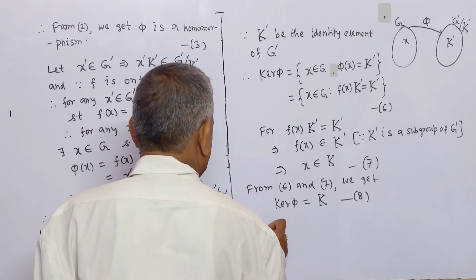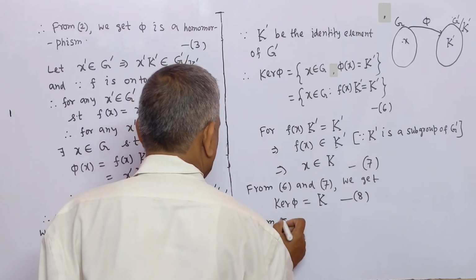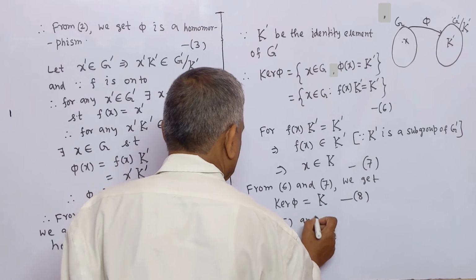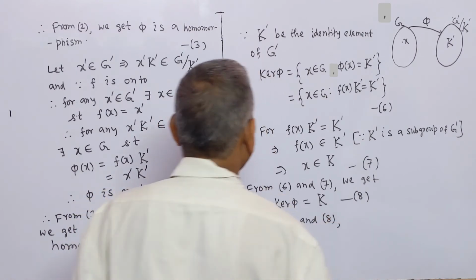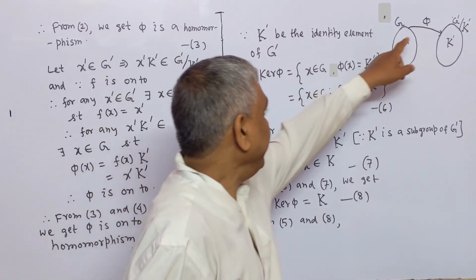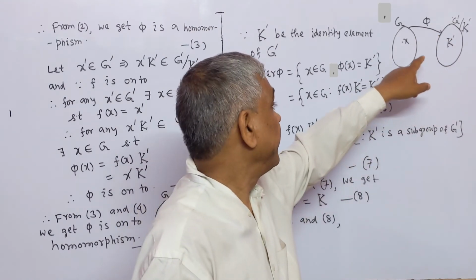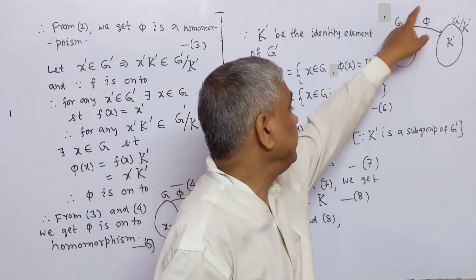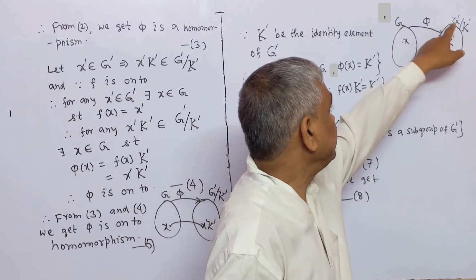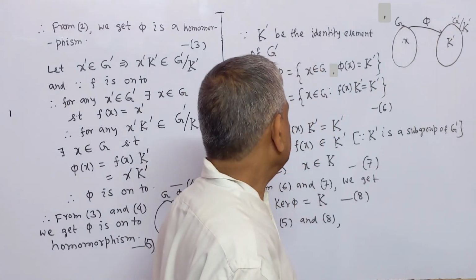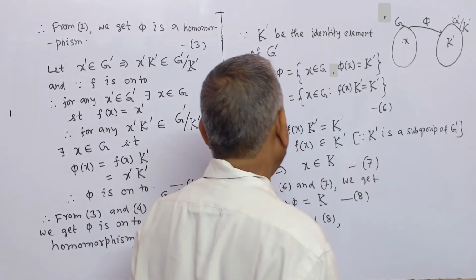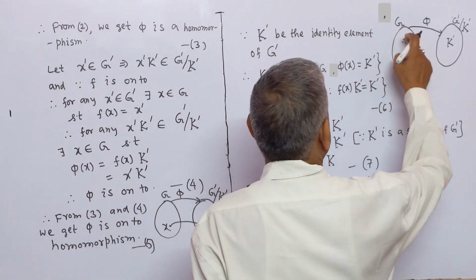From 5 and 8, in 5, phi is onto homomorphism defined on G into quotient group G prime by K prime, and kernel of phi is K.